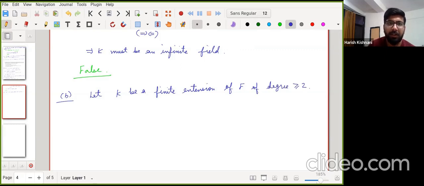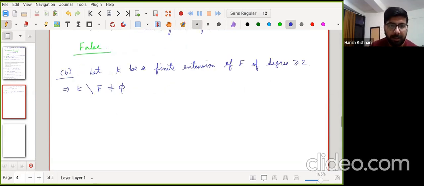Then what can you say? Since it's an extension of degree more than 2, this implies first k set minus f is not empty, right? So let alpha inside k minus f be an element, right?